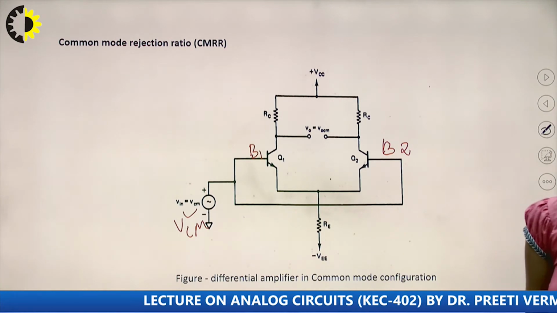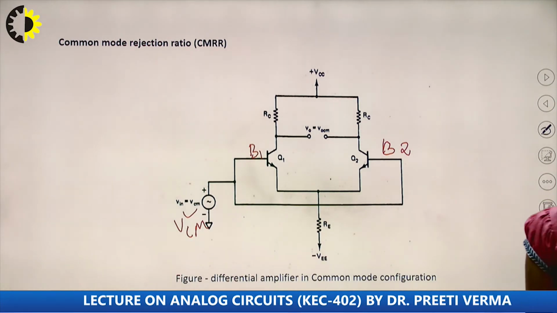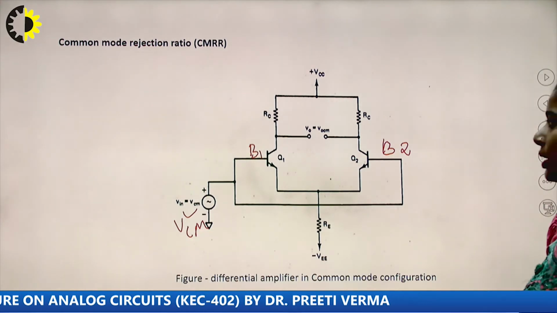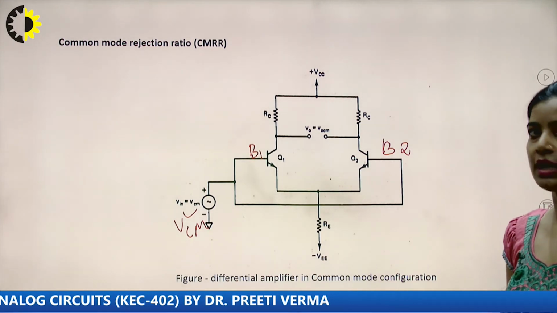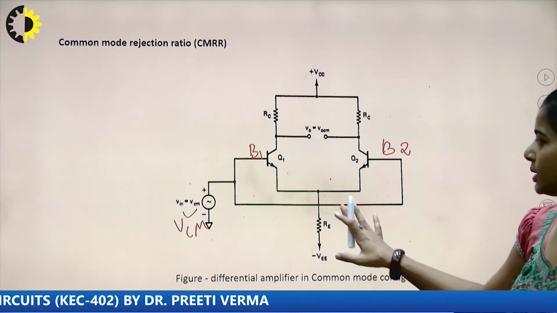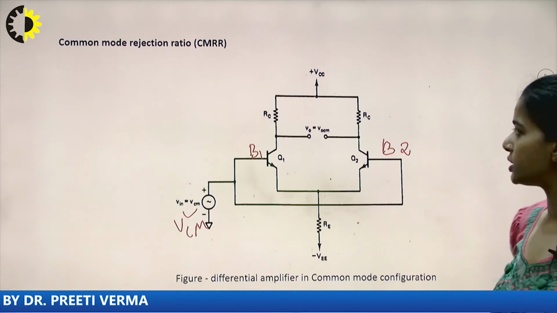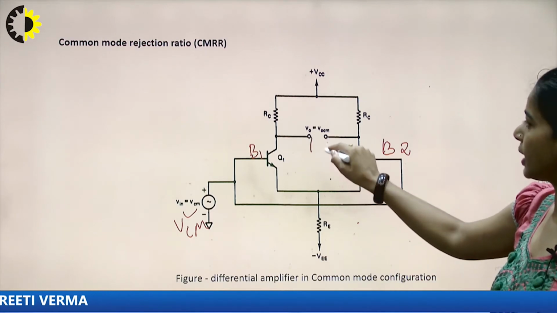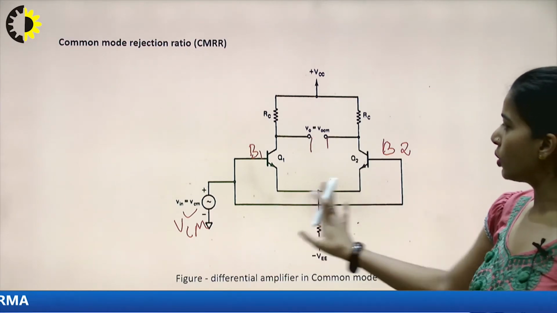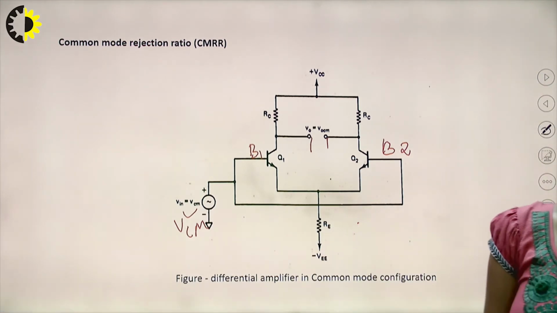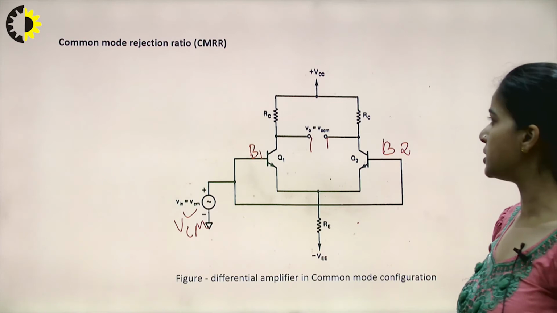So this common mode rejection ratio defines the capability of any differential amplifier to reject any common mode signal. So it is a dual input balanced output configuration. We are measuring output between two collectors, and both the inputs are present here, although these are the same inputs.